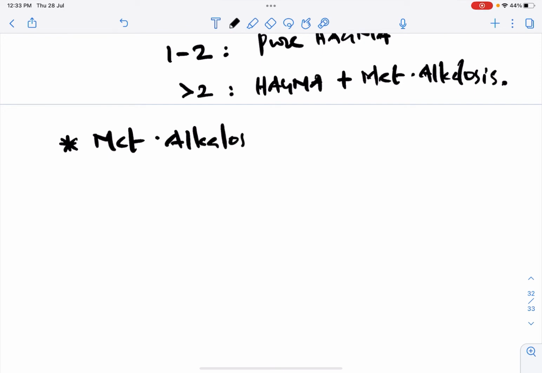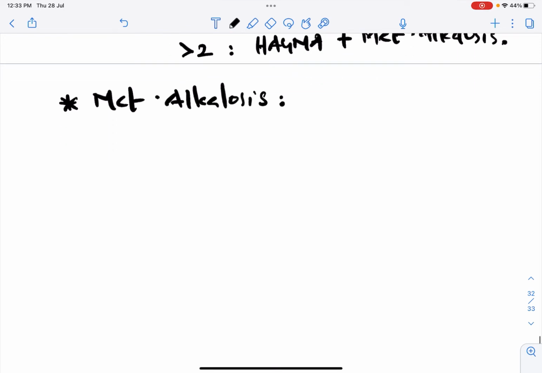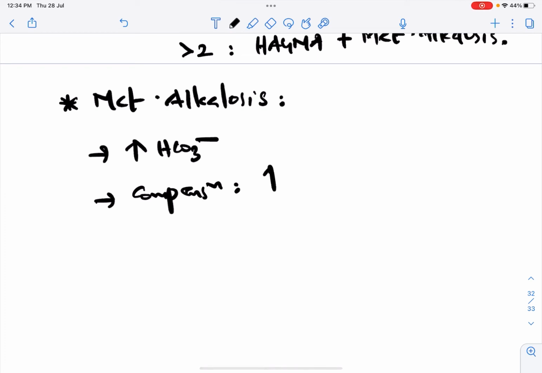Metabolic alkalosis. Here the primary disturbance is increased bicarbonate. So the compensation we are expecting is increased PCO2 by respiratory mechanism. Here also we want to know whether it is adequately compensated or not.